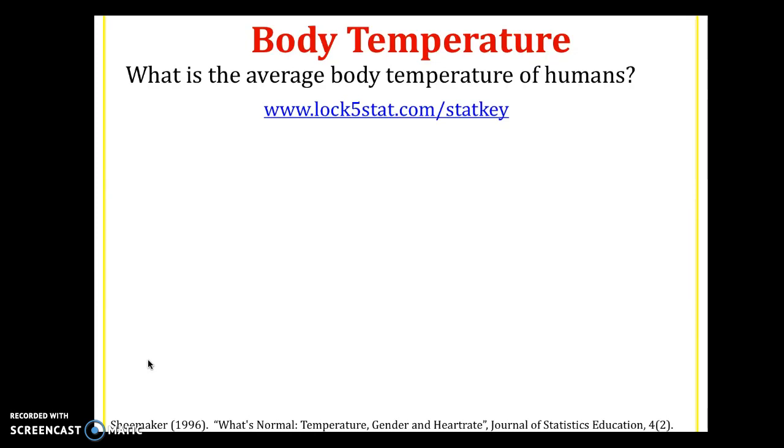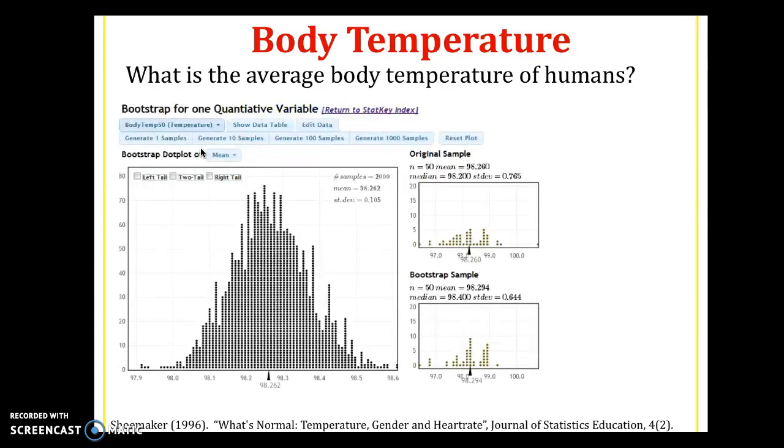Okay, the first thing I want to look at is body temperature. So we've got some data in StatKey. I'm going to go to StatKey in a couple minutes here. First, let's just look at a screenshot. We're looking at a data set, original sample to the right, of a sample of 50 people who had their body temperature taken, with a sample mean of 98.26, median of 98.2, and standard deviation of 0.765.